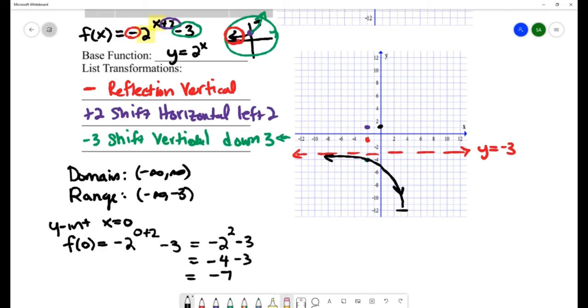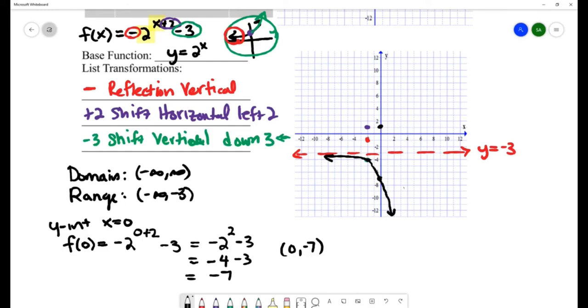So I didn't do a great job with my sketch here, so it should be more like this. Crossing the y-axis at -7. So our y-intercept is the ordered pair 0, -7.